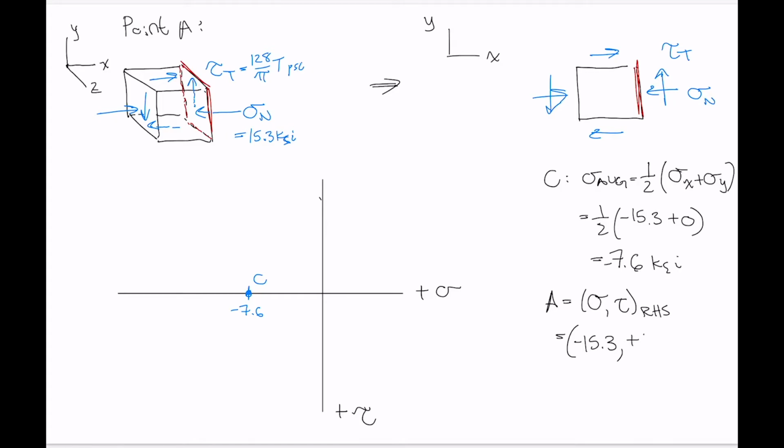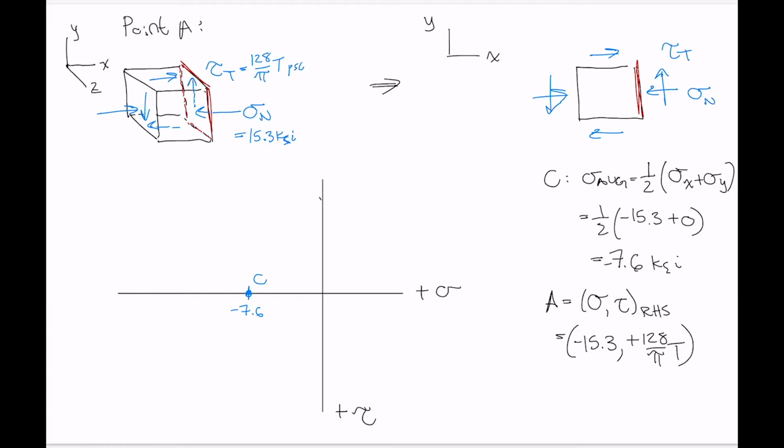So we've got plus 128 divided by pi times T. And again, don't let the fact that this has a variable in it bother you. You know it's some positive value, so just put it somewhere on that y-axis or the shear stress axis.